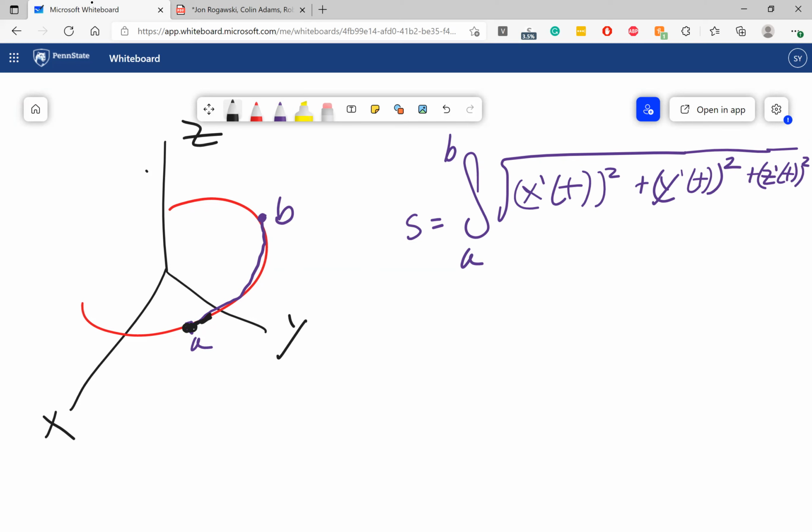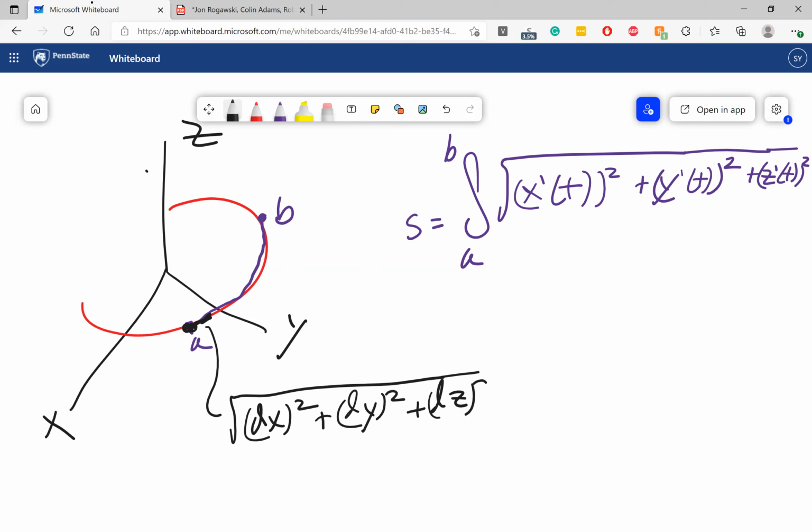Well, that length, if it's infinitely small, should have the form of the square root of dx squared plus dy squared plus dz squared, right? So dx is the small change in your x direction, dy is the small change in your y direction, and dz is the small change in the z direction. That gets you from this point to this point, and then you square and take the square root to find the length.